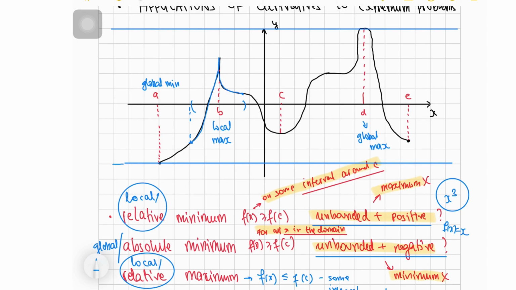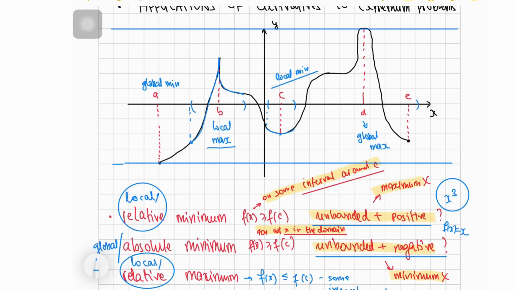Similarly, you can conclude that C, taking any suitable interval, you can see that C is a local minimum. Okay, this is a local maximum.